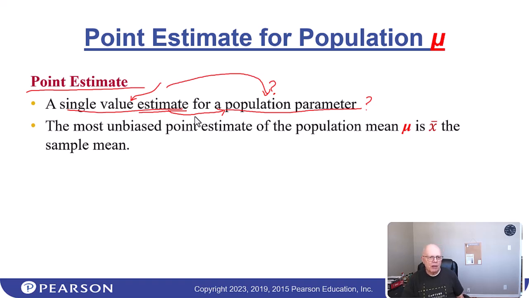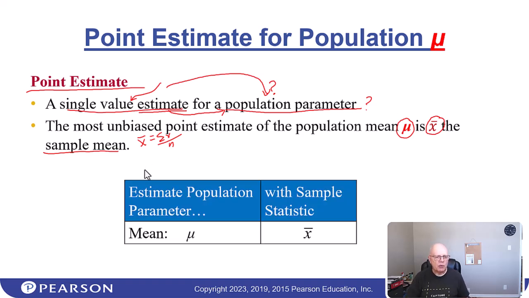Second, what about that point estimate? What is the best point estimate we can create? Well, you might be surprised, you might not be surprised, that if this is what you're interested in, the population mean, the best point estimate, the most unbiased one, is X bar, which is the sample mean. Remember, the sample mean is the sum of all those X's divided by how many of those values you have.